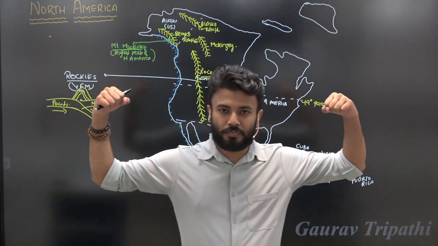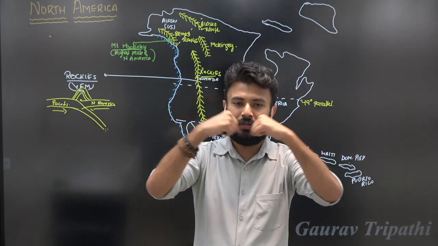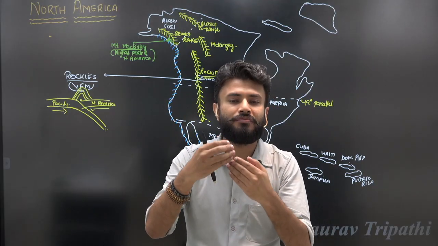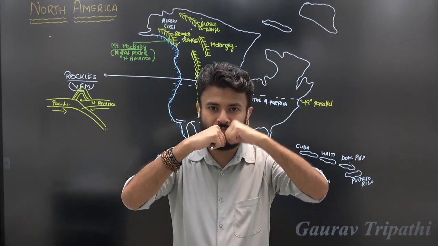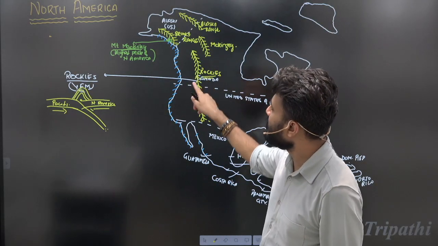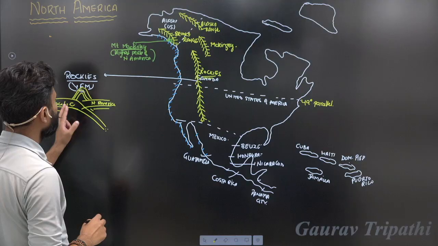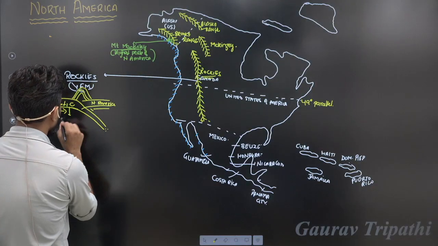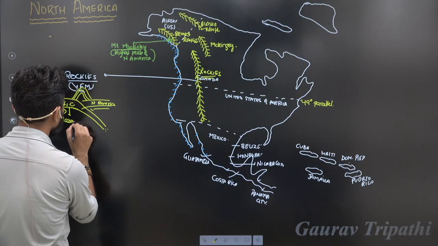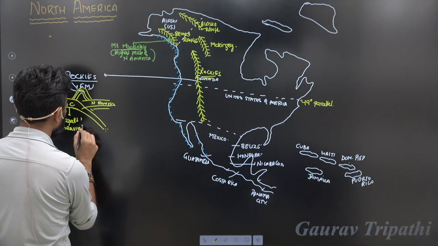Whenever two plates converge, the sediments between them will crumble and fold, and the lighter plate will try to go up, which will lead to the formation of mountains. So these Rockies are young folded mountains, formed because of the convergence of the Pacific and North American plates. Now the Pacific plate, made up of basalt, being heavier in nature, undergoes subduction.